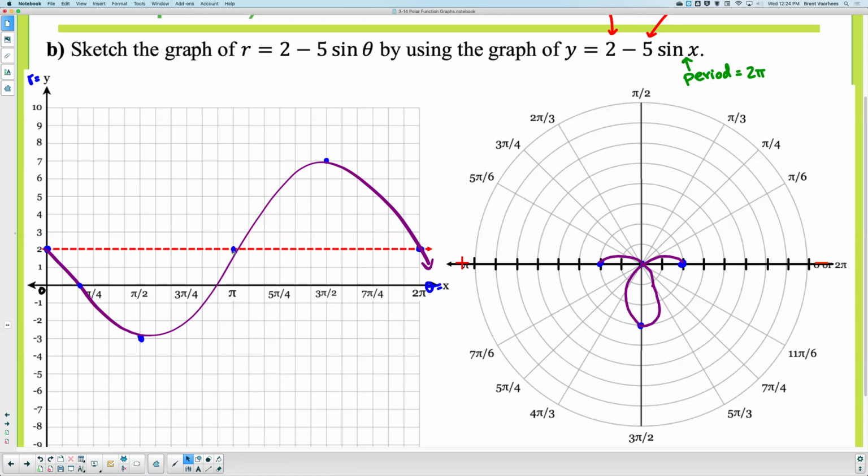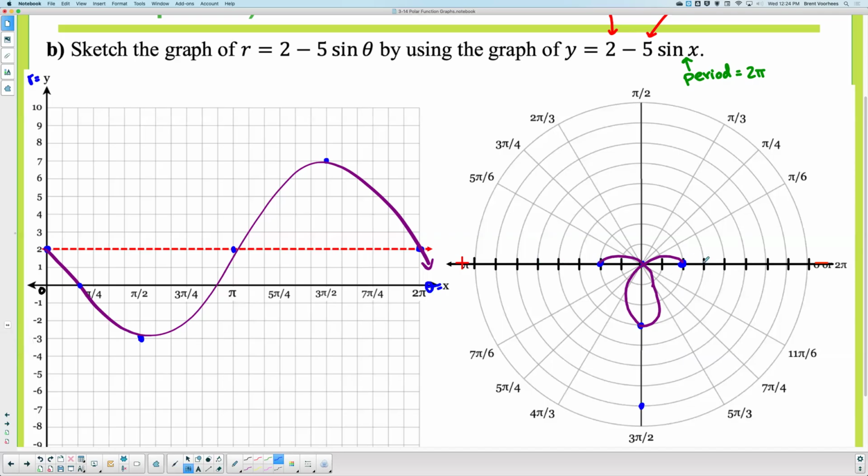Now what's going to happen as we approach 3 pi over 2? My graph is going to keep increasing until I get to 7. At 3 pi over 2, I should have 7. So 1, 2, 3, 4, 5, 6, 7. Now I should keep increasing, which means I should be on this axis as it stands. Which way should I be moving on this axis?